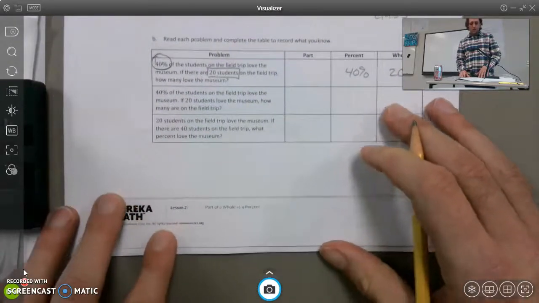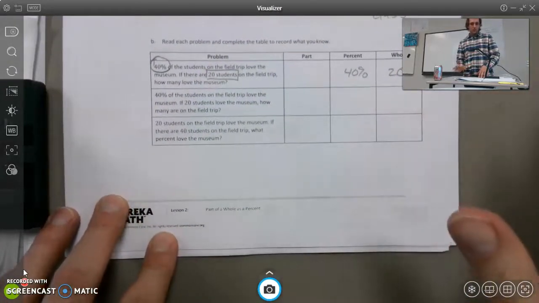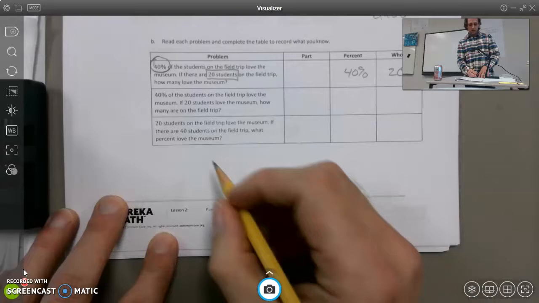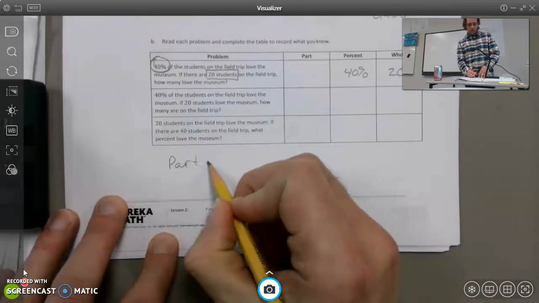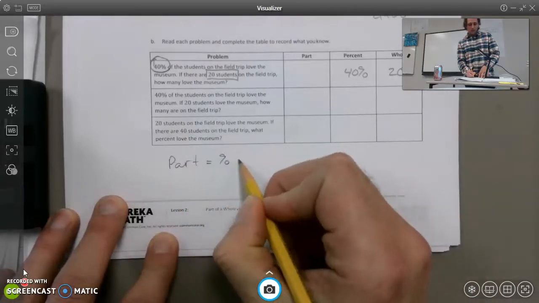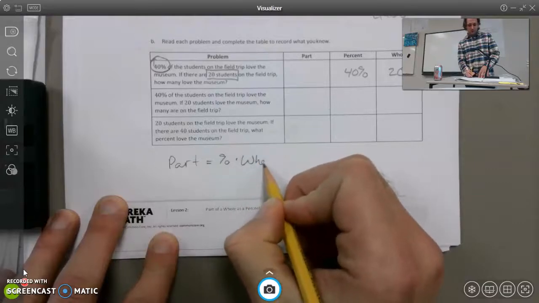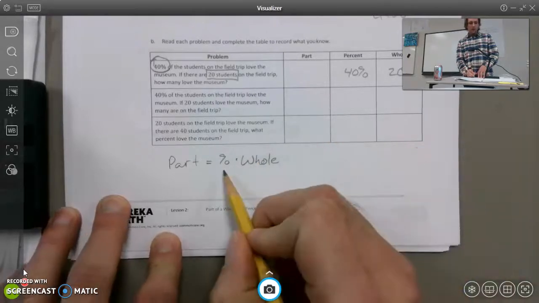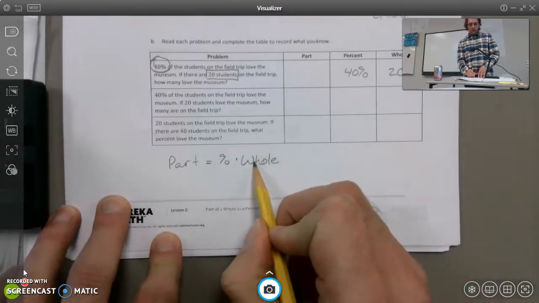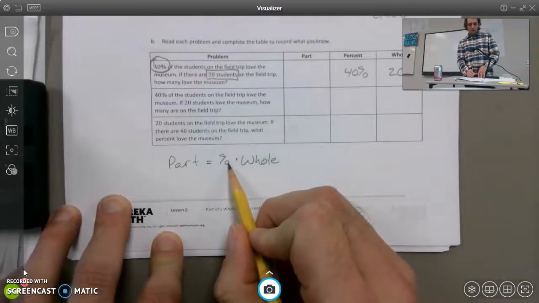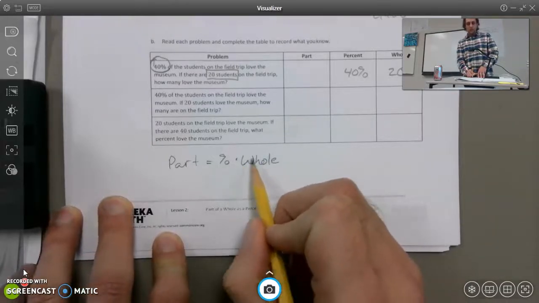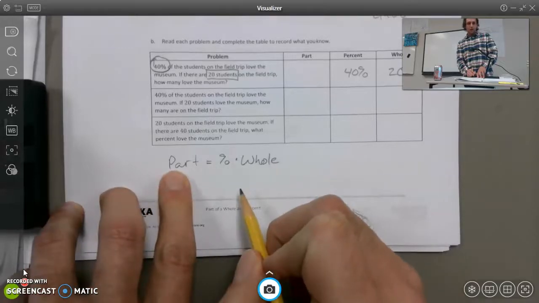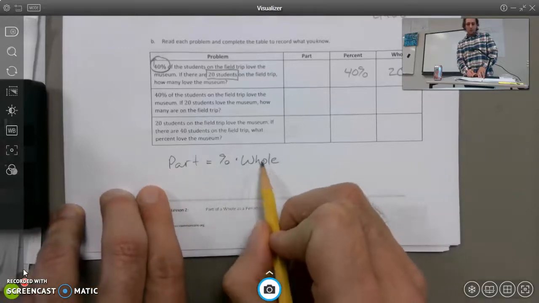When we are looking for the relationship between part, whole, and percent, this is the equation that we're going to use. The part is always equal to the percent times the whole. So if you think about that, the percentage is being multiplied times the whole thing. This percentage of something is the part.